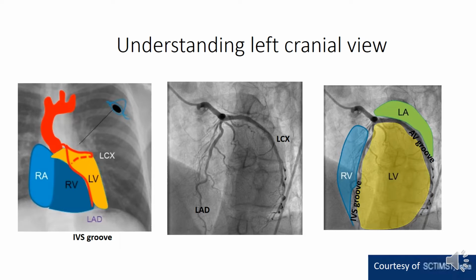Again, with chamber orientation, LAD running in the interventricular septal groove, separating the right ventricle from the left ventricle, and the circumflex vessel running in the AV groove, separating the left atrium from the left ventricle. As we said before, the cranial views give an excellent view of the mid and distal segments of the LAD.